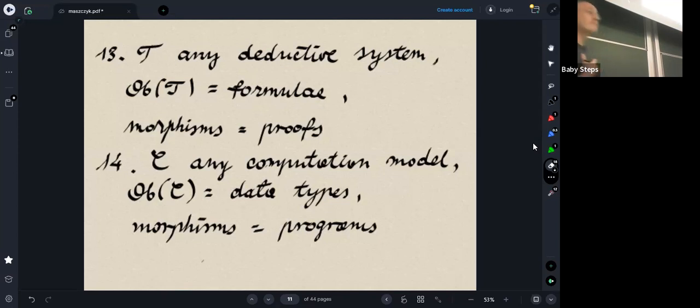Sorry, once again a question, this time for this 14th example. How to explain in the language of category theory when the program is trapped in a loop and never halts? Is it somehow expressible in this categorical language? Because loops are loops. There are morphisms which are loops.